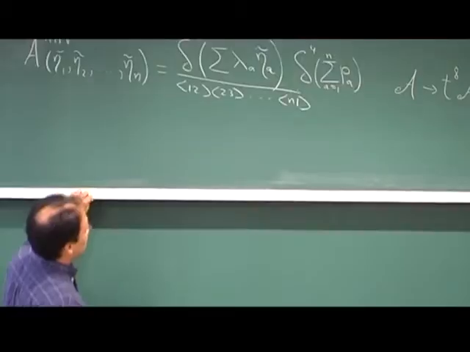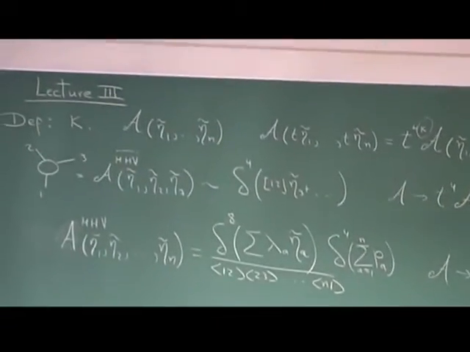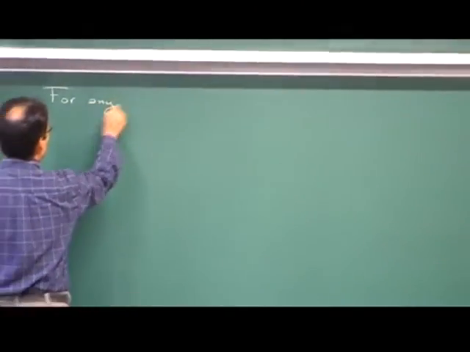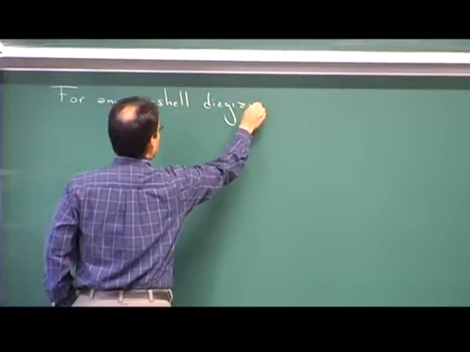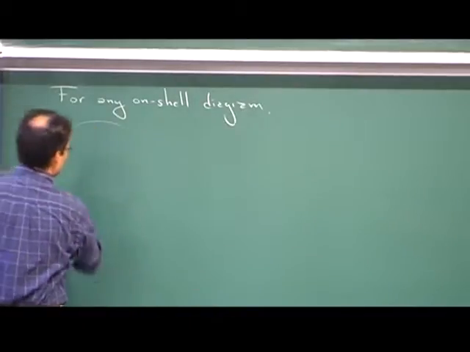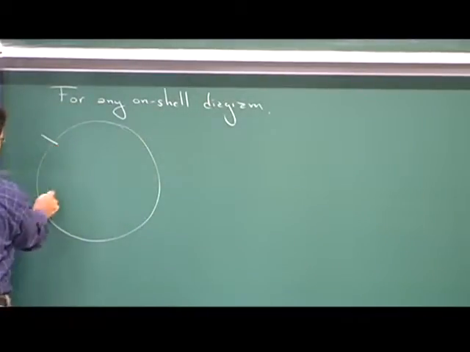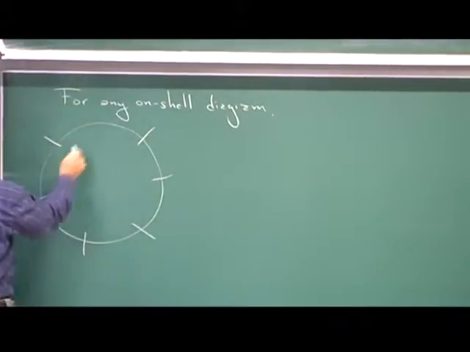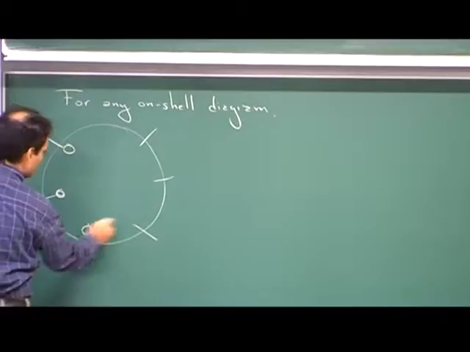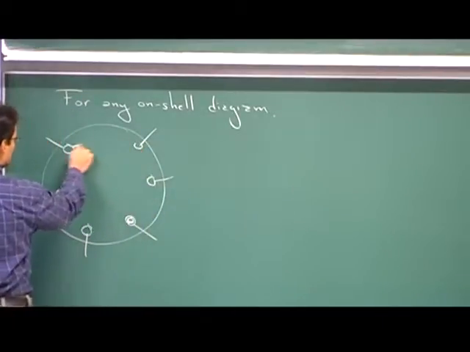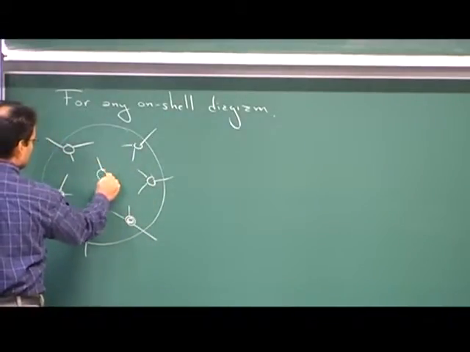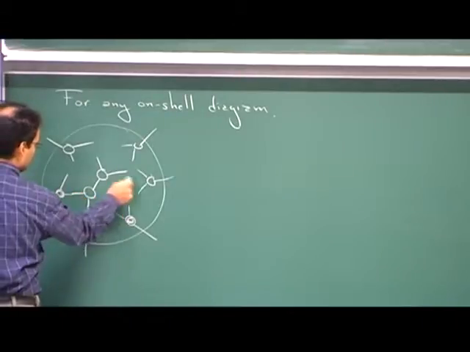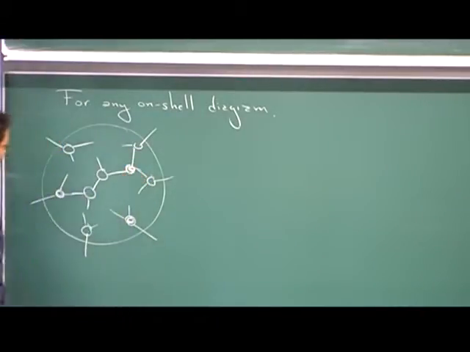Now, given this definition, it's easy to determine the K of a given on-shell diagram. So for any on-shell diagram, let me represent an on-shell diagram as follows. There are some external legs that connect to some vertices. They themselves connect to other things. There will be internal vertices and internal edges. Okay?